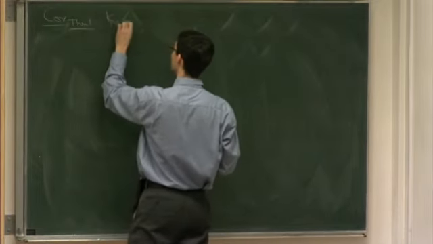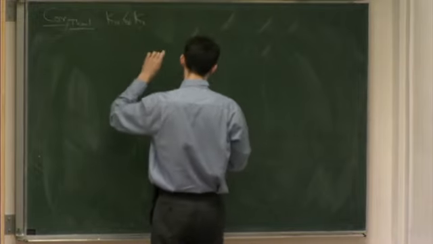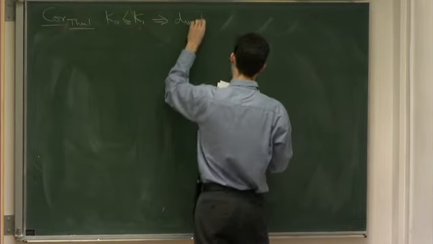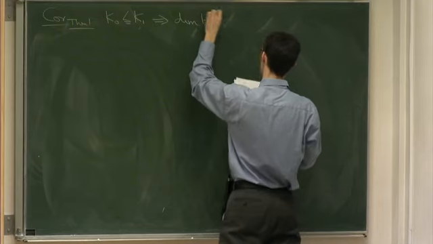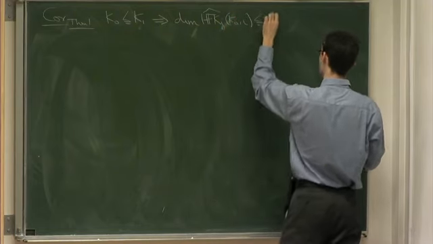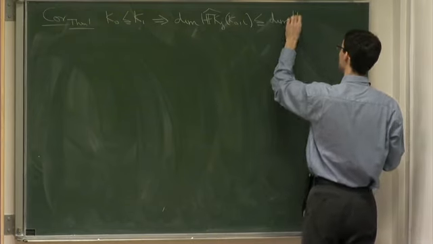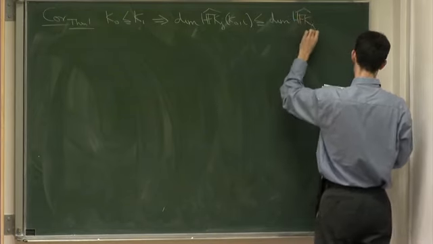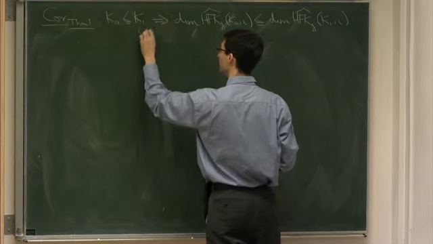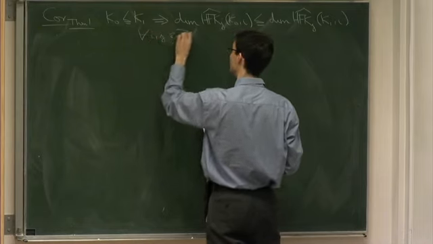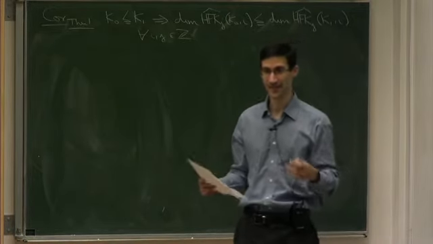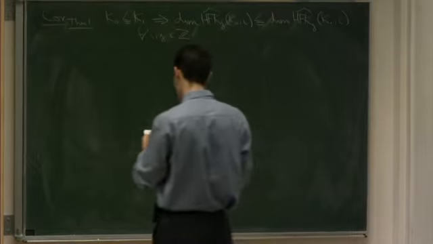So if K0 is less than or equal to K1, so there is an invertible concordance from K0 to K1, then the dimension of HFK hat sub J of (K0, I) has to be less than or equal to the dimension of HFK hat sub J of (K1, I) for every I, J in Z. So Floer homology gives an obstruction to finding an invertible concordance.